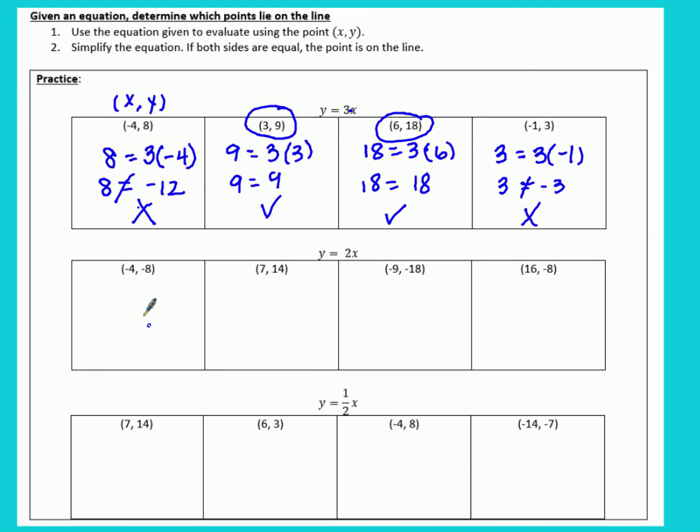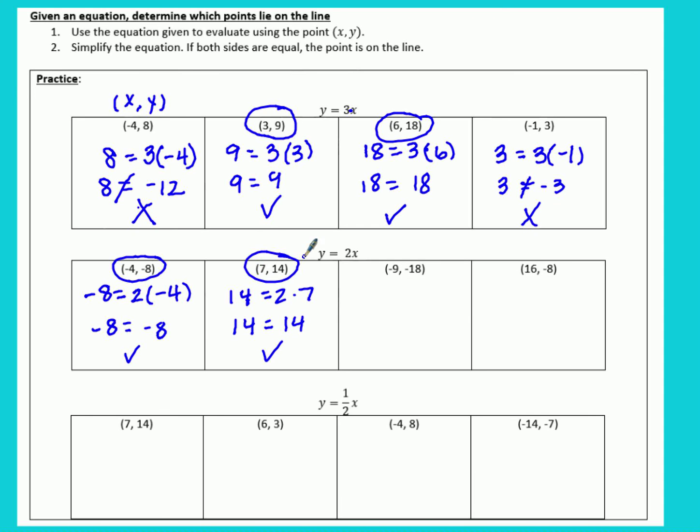Okay, hopefully you took a minute to try those on your own. Remember, all you have to do is plug in your X and Y value for the rule. So in this next set, we're using this rule, y equals 2x. So just multiplying every x by 2 and setting it equal to y. So in this case, -8 does equal -8, so this is a point on the line. Here we have 14 equals 2 times 7, which is 14 equals 14, and that's true.